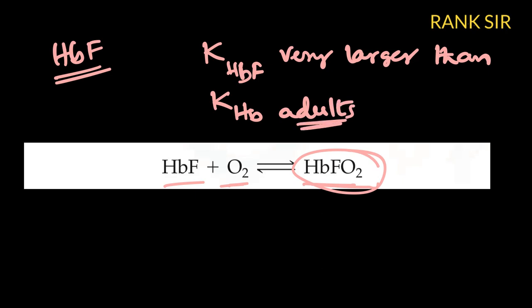That is the main difference you have to observe. Now, fetal hemoglobin loads oxygen at a lower concentration than adult hemoglobin. Adult hemoglobin takes the oxygen at a high concentration, but fetal hemoglobin loads oxygen, meaning it gets oxygen, at a lower concentration.